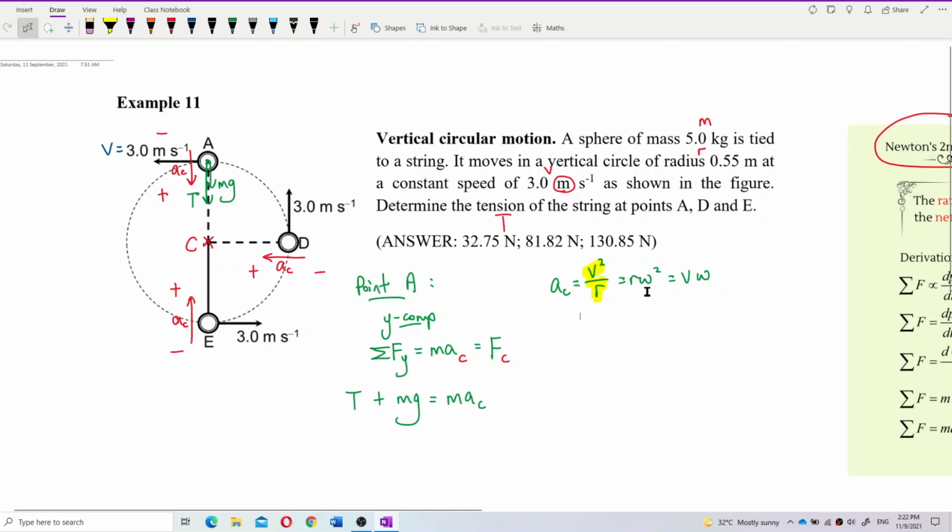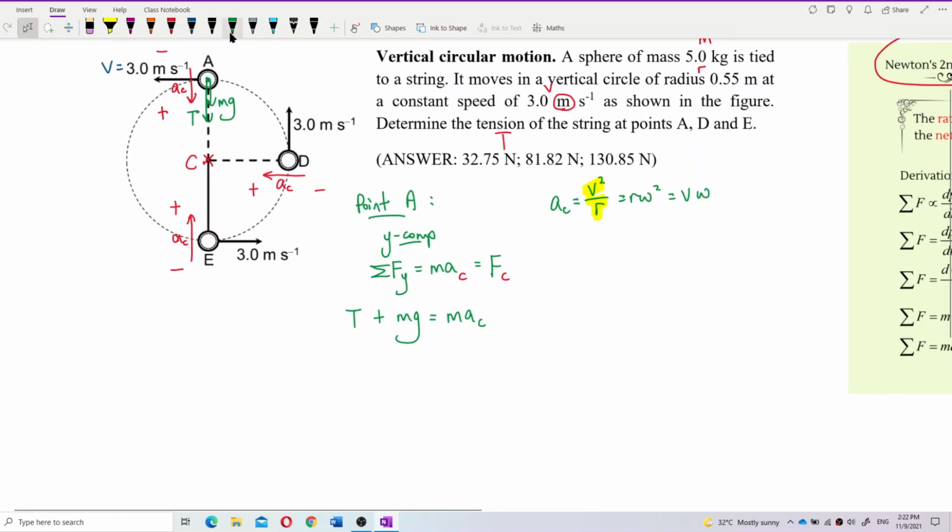Normally these two we use, but now we are using v square over r because it provides v instead of omega. So we can substitute the formula over here: m v square over r.